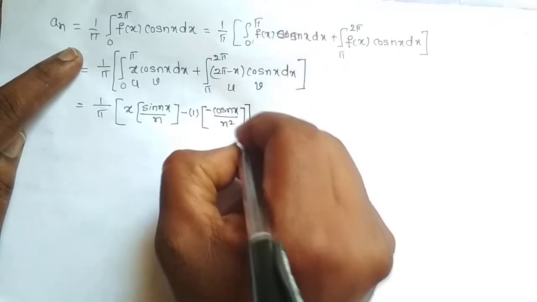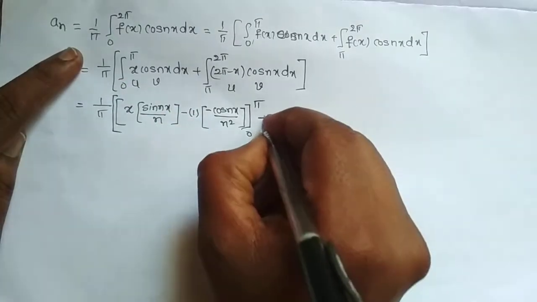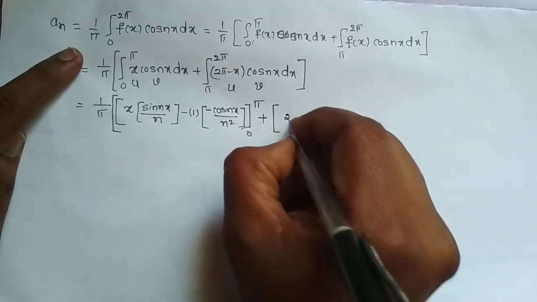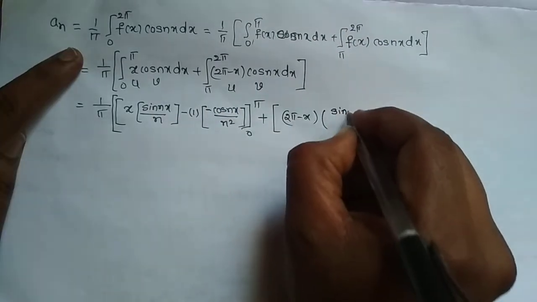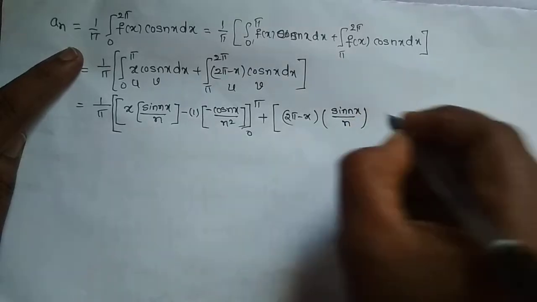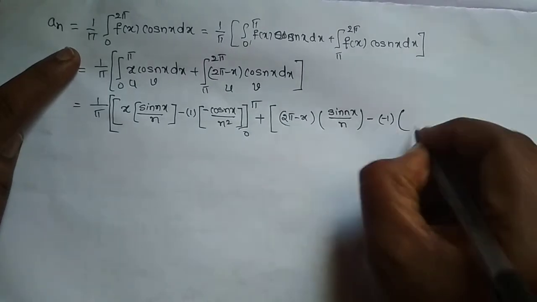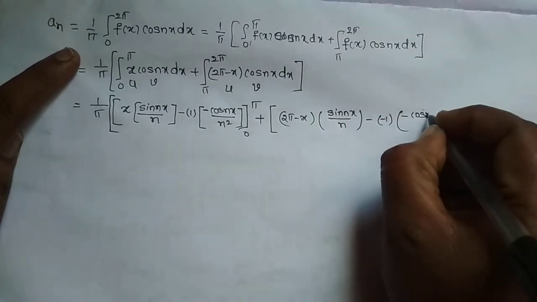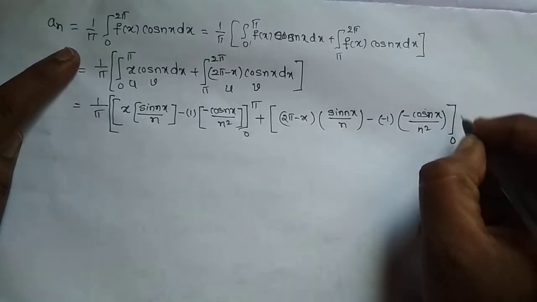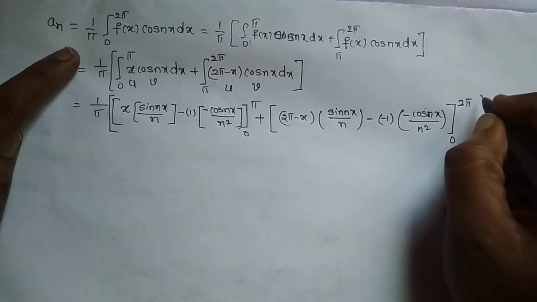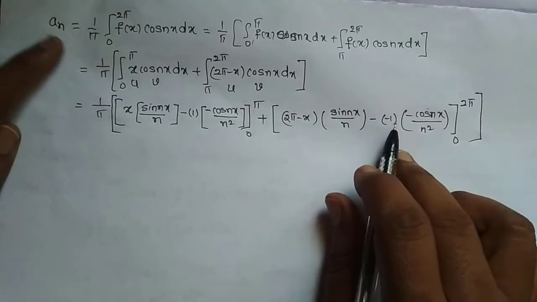This is the first one, 0 to pi, and plus the second one: 2 pi minus x into integration of this one is sin nx by n, and minus differentiation of this one, minus 1, into integration, minus cos nx by n square, 0 to 2 pi.